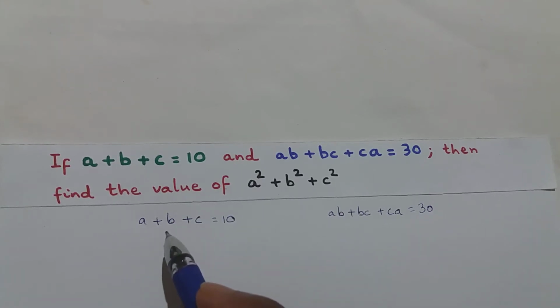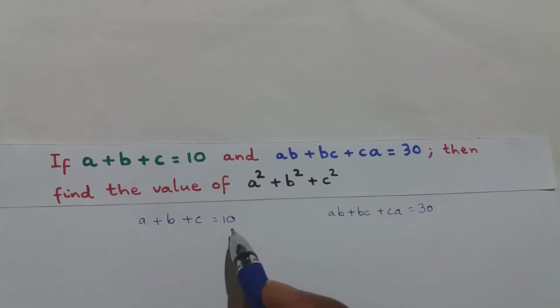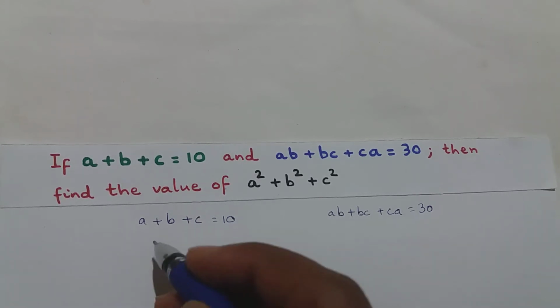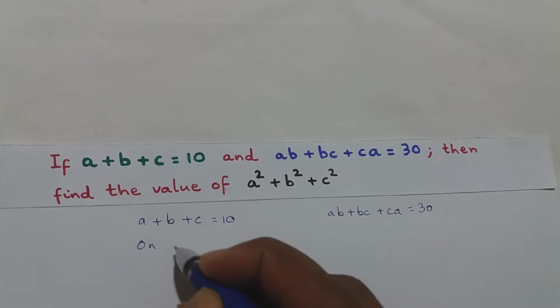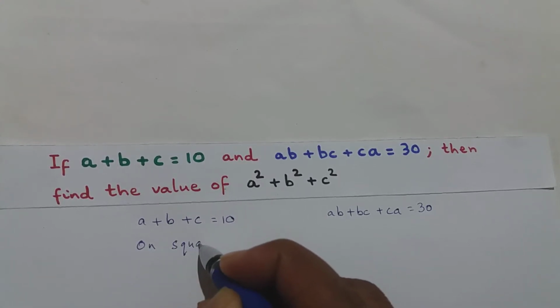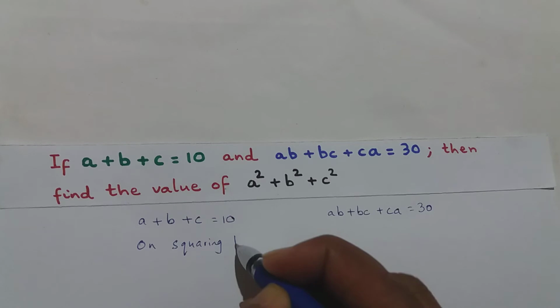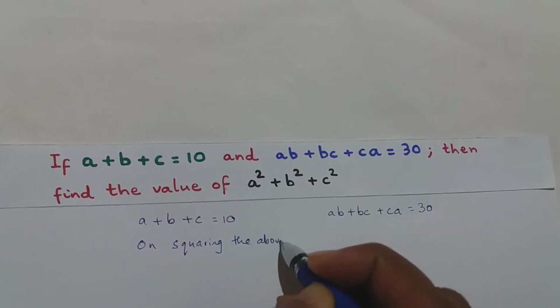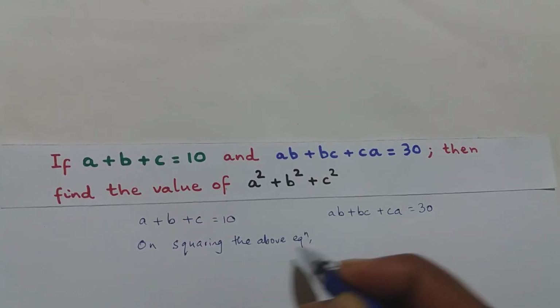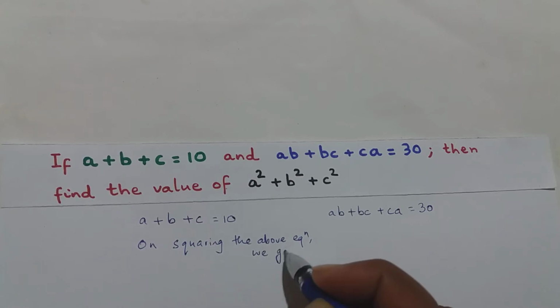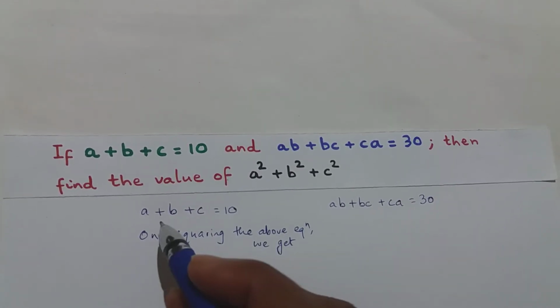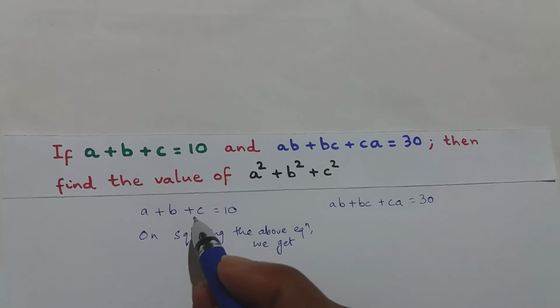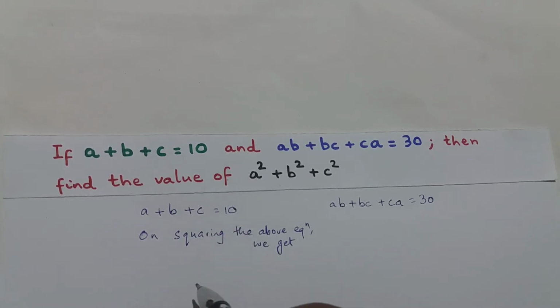So what do we get when we square this equation? So on squaring the above equation we get, so I am going to square the equation A plus B plus C is equal to 10.